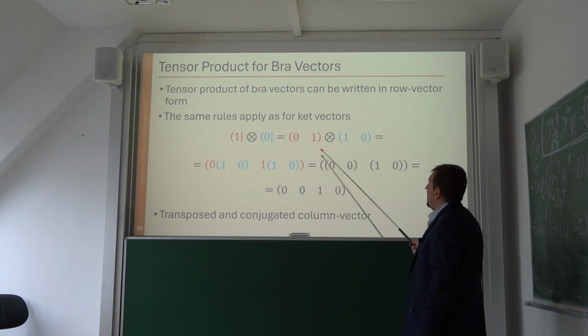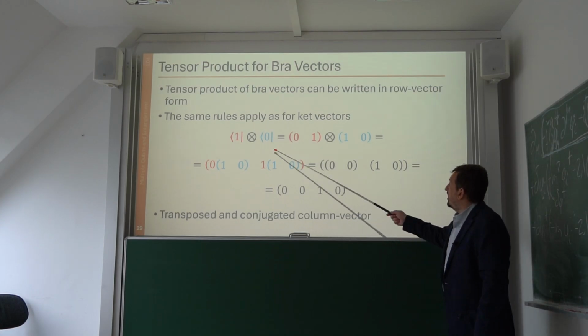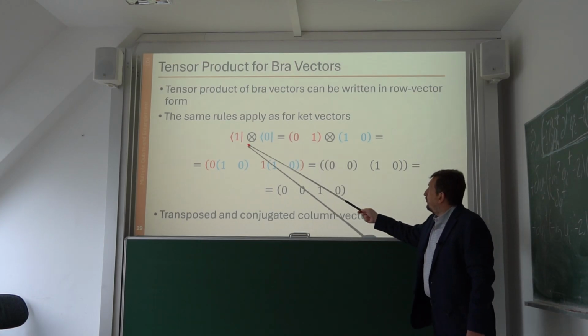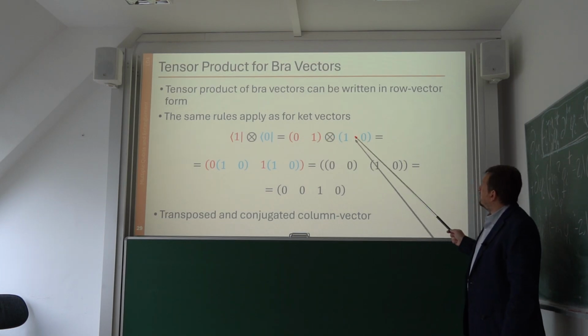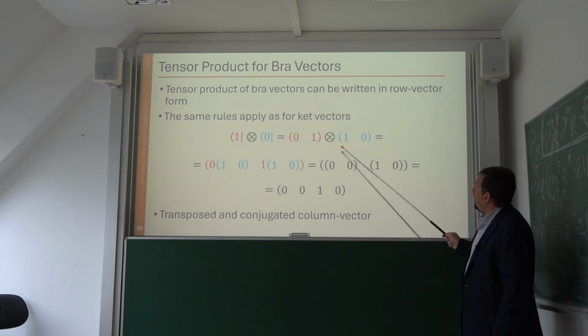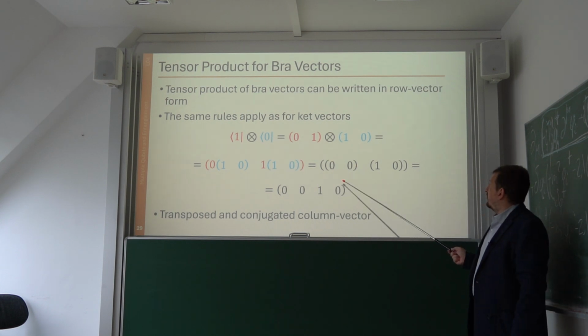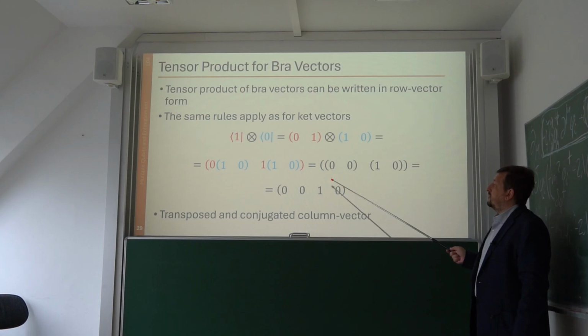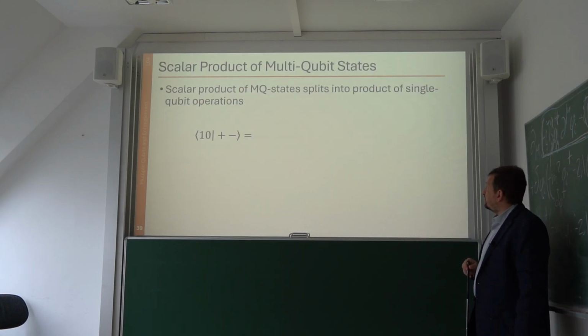If we want to write a bra vector as a row vector, the same rules apply. So 1 here is a row vector like this, 0 is a row vector like that. You move the right vector inside, multiply, and remove it out in parentheses, and you get one vector of larger dimension.